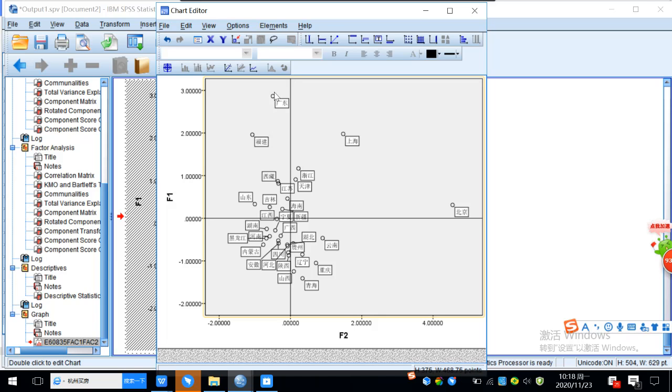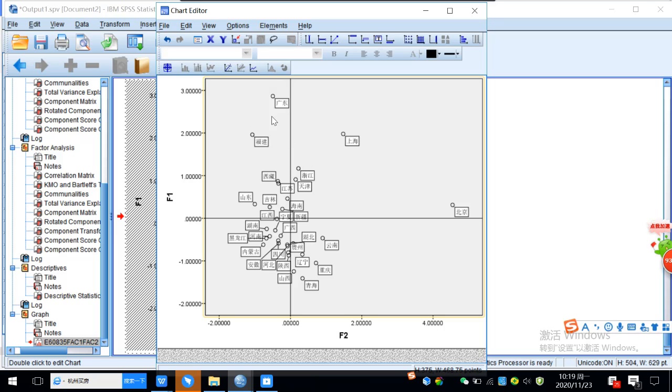And here is Guangdong province, the domestic investment economic units, their income is very high, but their foreign investment economic units, the income is less than the average.